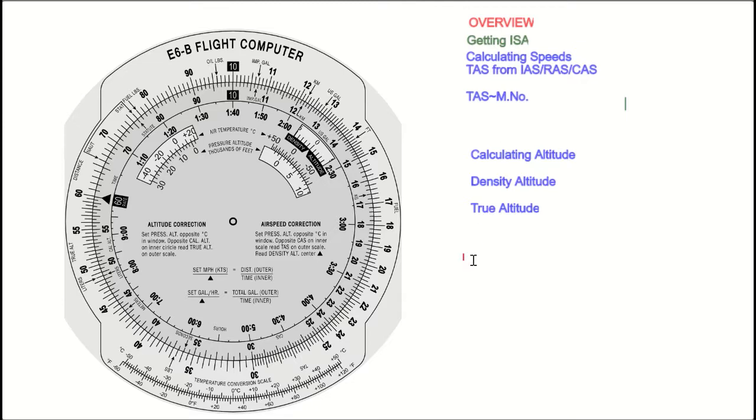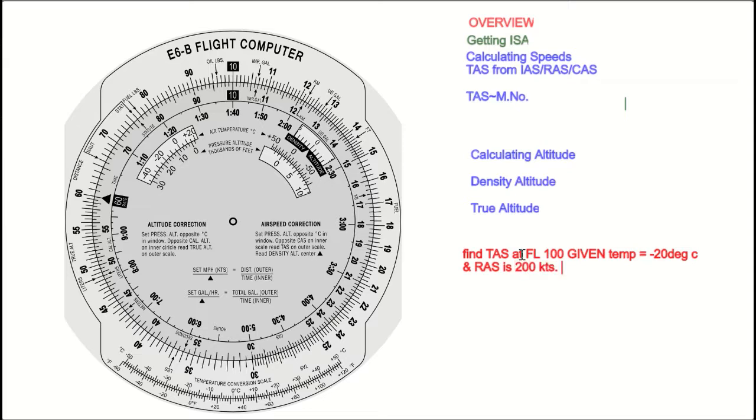Let's say the question is: find TAS at flight level 100, given the temperature is minus 20 degrees Celsius, and RAS is 200 knots.